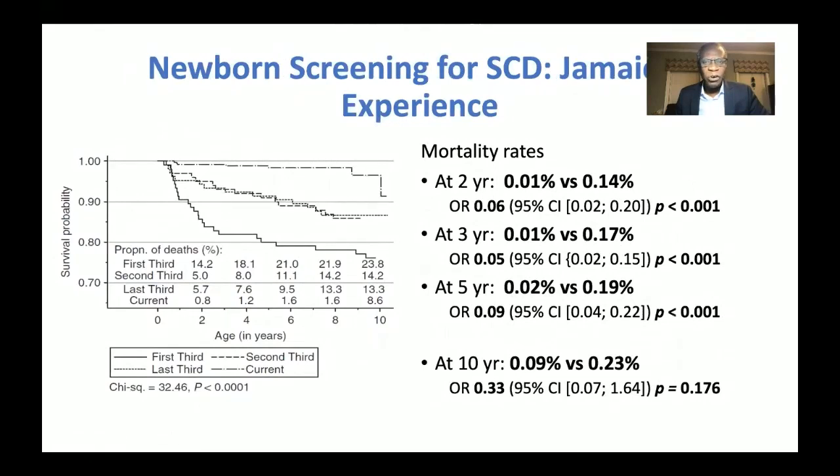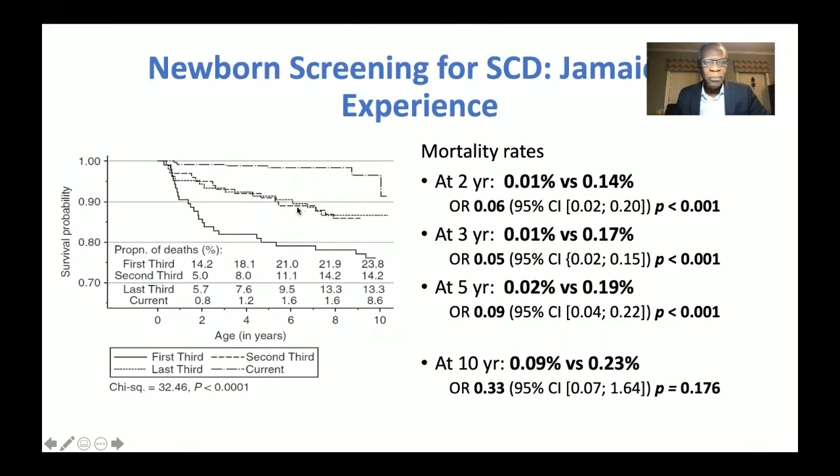Probably one of the strongest evidence that newborn screening with early intervention reduces mortality is in this Jamaican experience. I wanted to focus on the lower 3 curves, which represents a period in Jamaica from 1973 to 1981, when cord blood of newborns were tested for sickle cell disease.